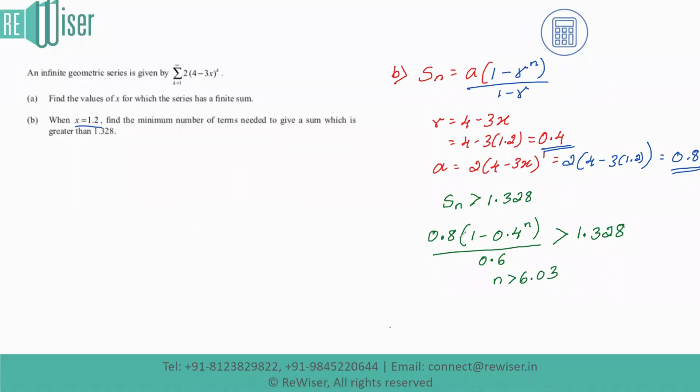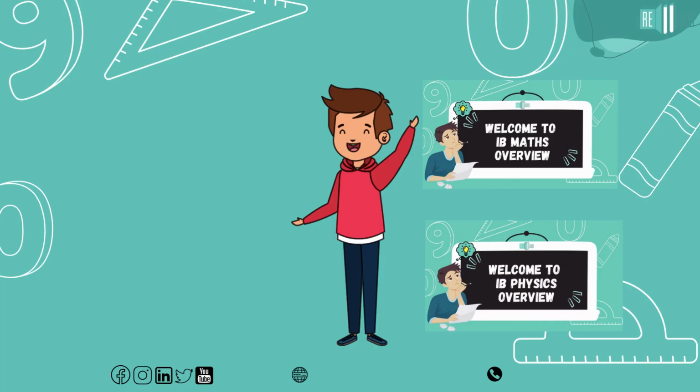So when would the sum of how many terms be greater than 1.328? Definitely it cannot be 6, because the sum of 6 terms would be less than 1.328. That is the reason the value of n is 7. So the minimum number of terms needed is 7. That is the right answer for part B.